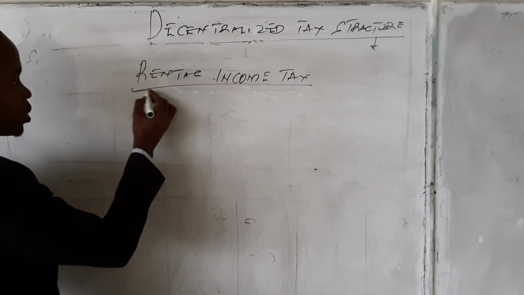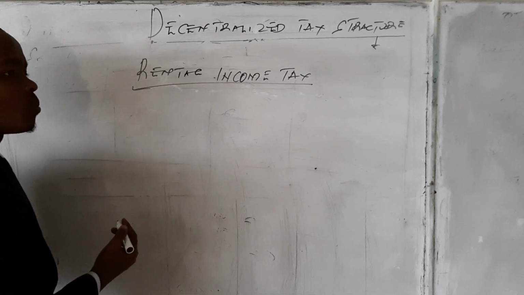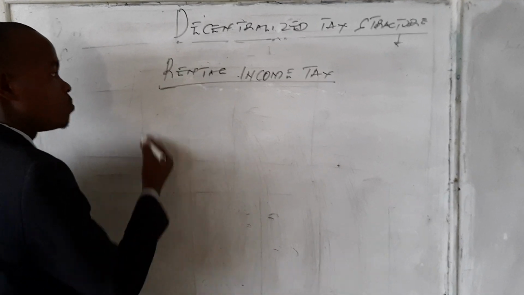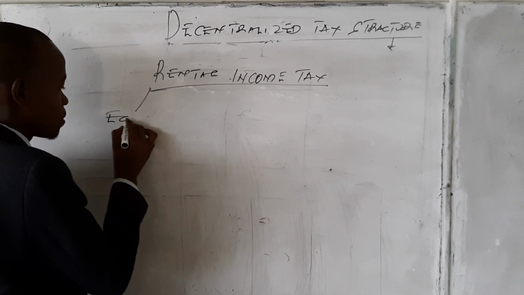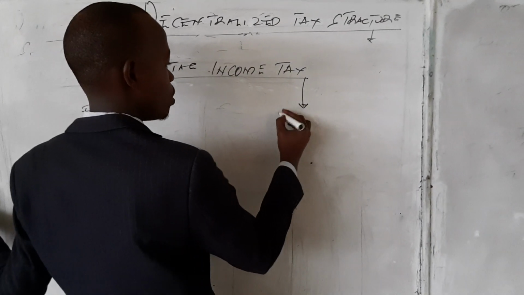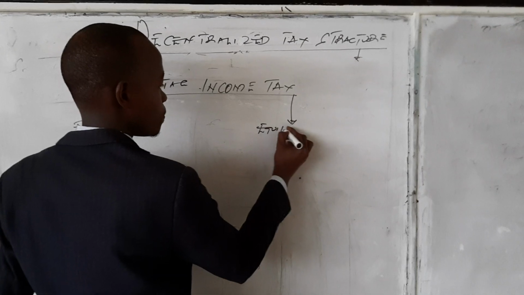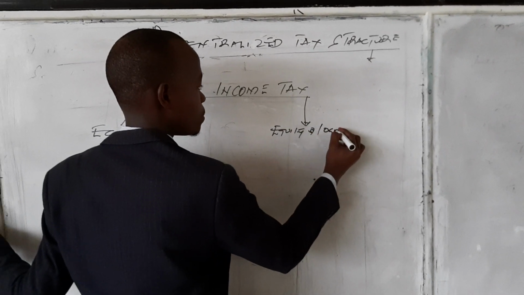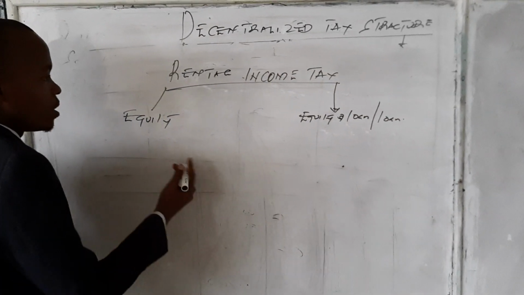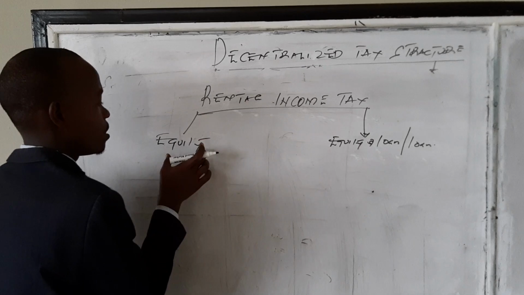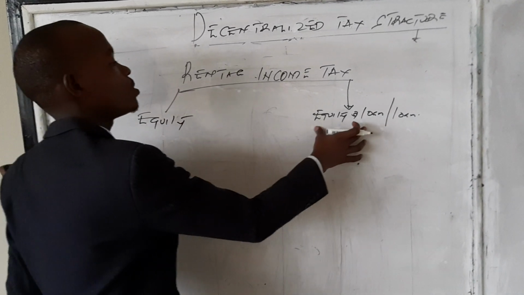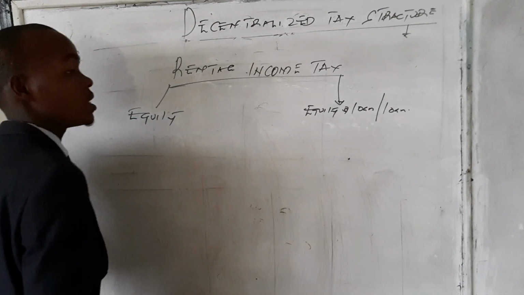You might get this income from commercial buildings, but during the time of acquisition, you used maybe your equity, or you used both equity and loan, or loan only. So therefore, the equity here has got its format of computing this, and both equity and loan has also got its format.